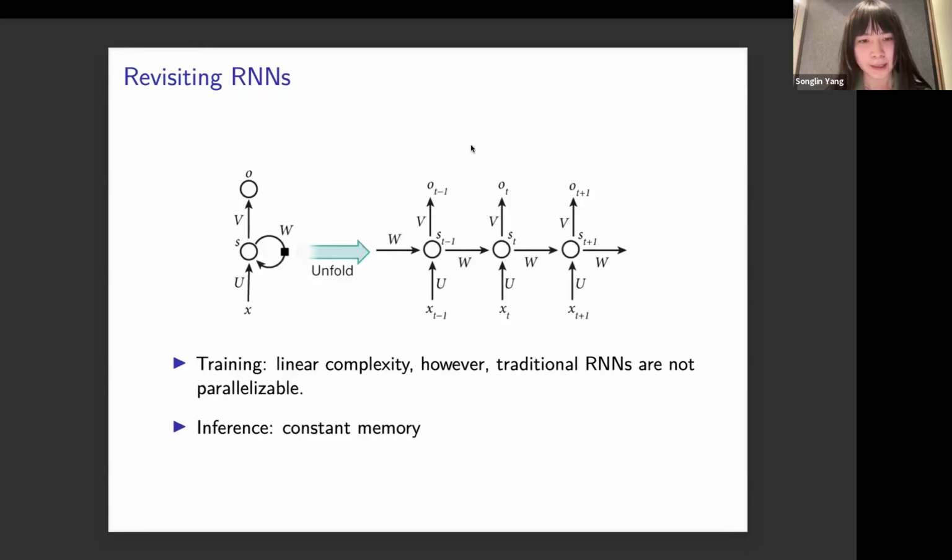Traditional RNNs, such as LSTMs and the gated recurrent unit, involve nonlinear recurrence, so their recurrence cannot be parallelized across the sequence length. For inference, RNNs only need to maintain a fixed state size, so the state size does not grow when the decoded sequence length becomes larger, which is very friendly for long sequence generation.